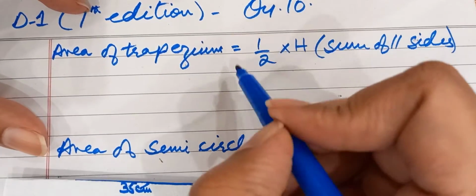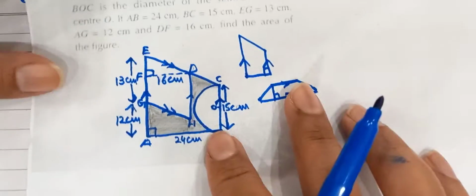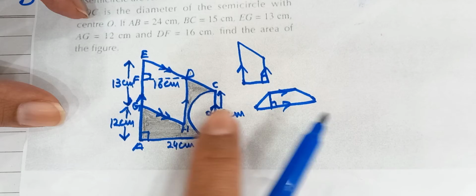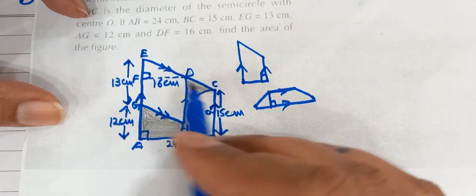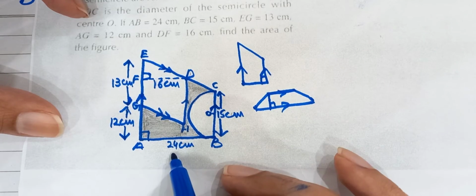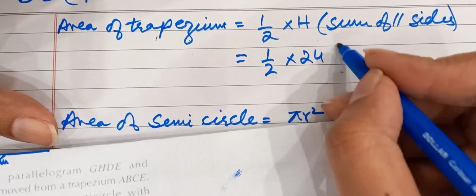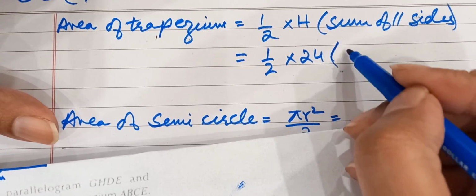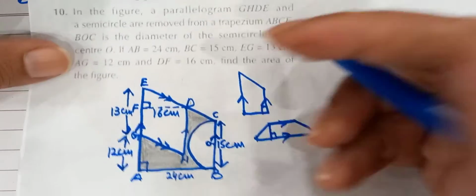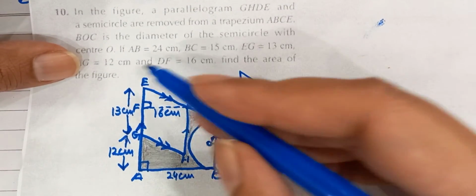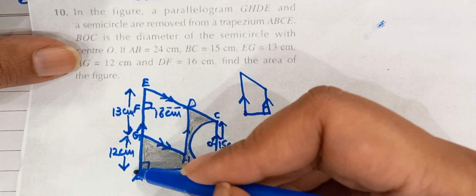Now 1 by 2, height is the straight line which joins these two parallel lines. These are the two parallel lines. These arrows are suggestive. They are straight like two banks of a river. They never meet, and this is height. 24 is the height, and one parallel side is 15 centimeter long and the other is, now they have not given it, they have broken the length of this parallel side.